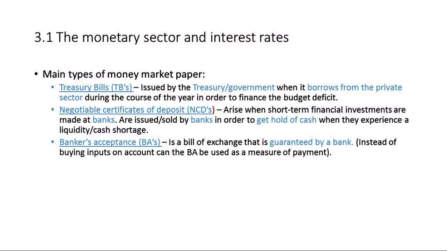So you buy the bill, you give them the money, you receive the bill in return, and while you have it, you earn interest on it, and you can sell it back in the secondary market whenever you want. The same for the NCDs, but they are issued by banks.